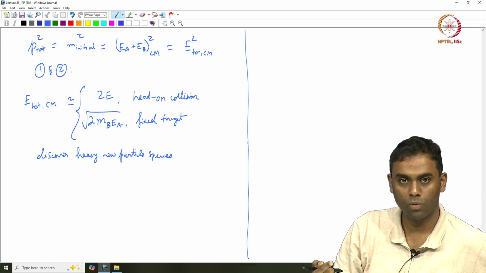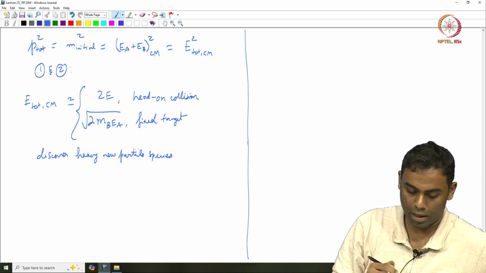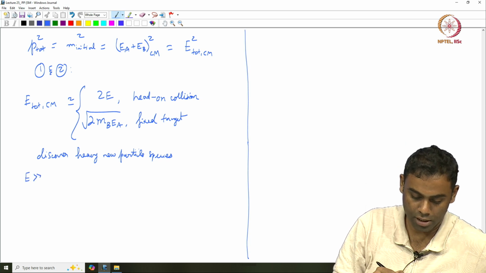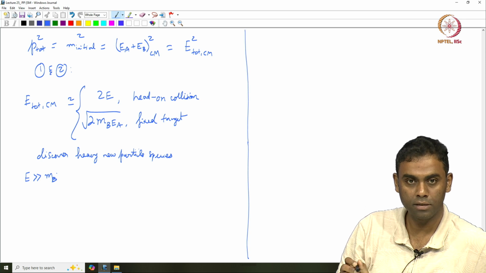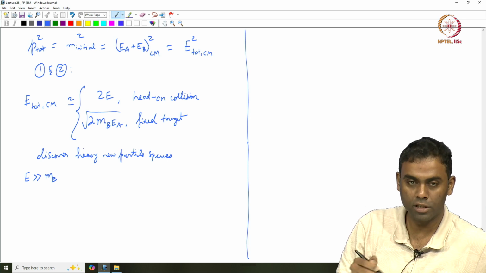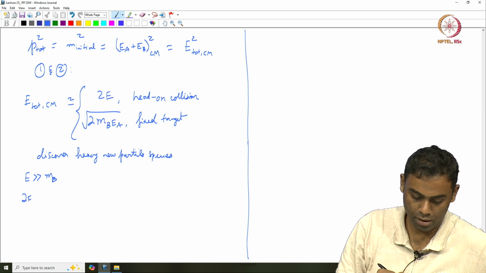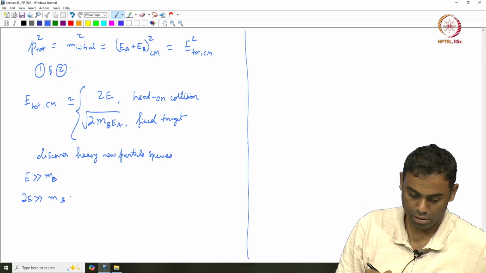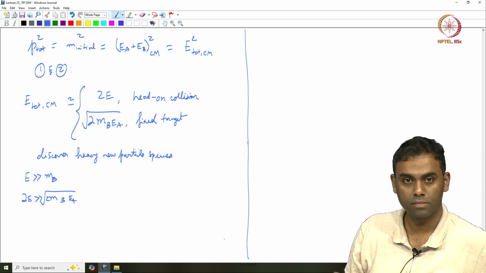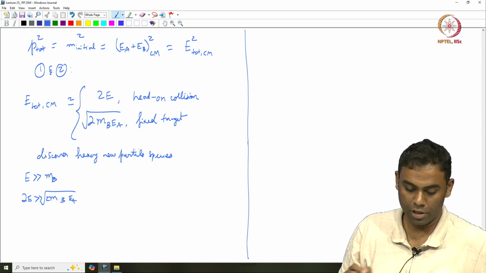Okay. Why? Because clearly if I have E much larger than MB, then which of these is bigger? Clearly this is bigger, right, 2E is much larger than that. Agreed? So, if you do not believe me, square this. Okay.